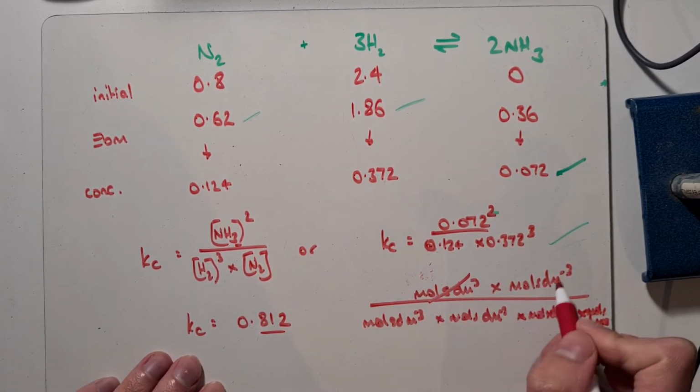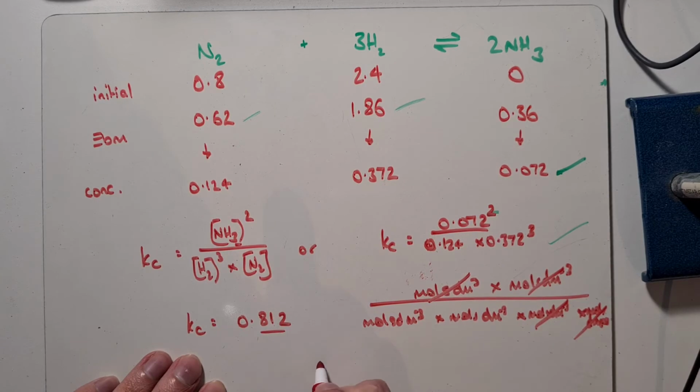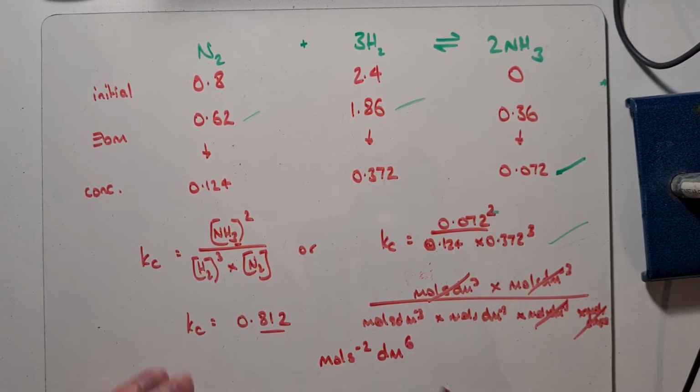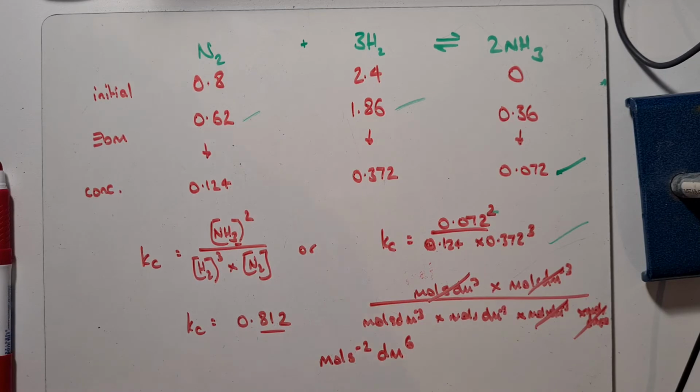So 2 of them cancel out, which gives us 1 over moles per decimeter cubed squared, and that will be moles to the minus 2 dm to the 6. Should have the positive integer first really, so it should be dm to the power 6 moles to the minus 2, but it'd accept that as your answer.